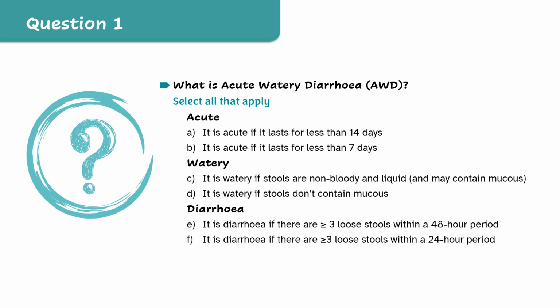C. It is watery if stools are non-bloody and liquid and may contain mucus. D. It is watery if stools don't contain mucus. E. It is diarrhea if there are 3 loose stools or more within a 48-hour period. F. It is diarrhea if there are 3 loose stools or more within a 24-hour period.